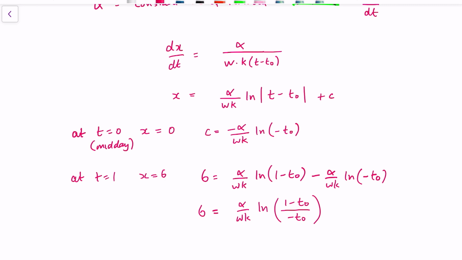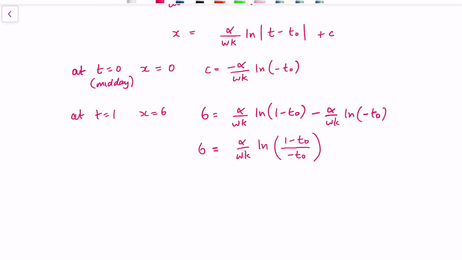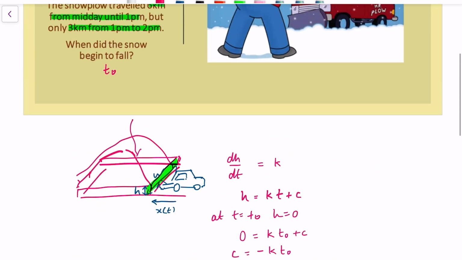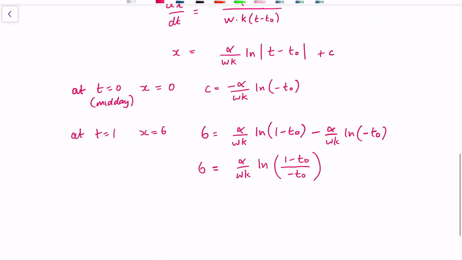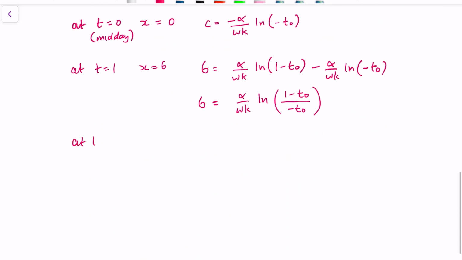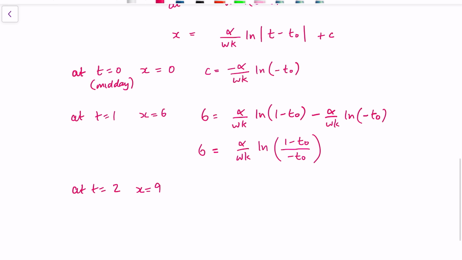Now the last piece of information is at time equals 2, or 2 hours later, it had travelled another 3 kilometres, so 9 kilometres in total. So I can sub that information into my equation. 9 equals alpha over wk.